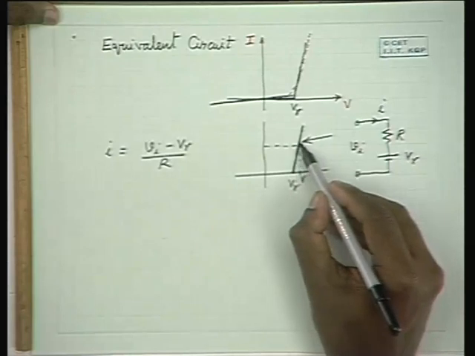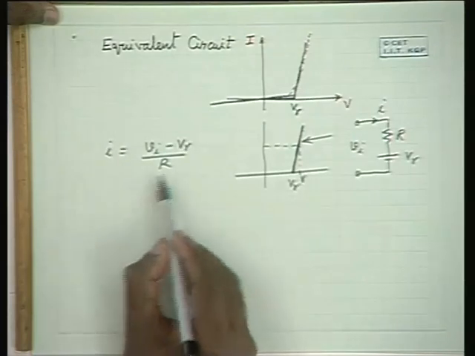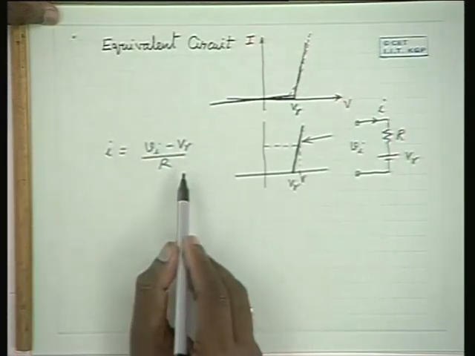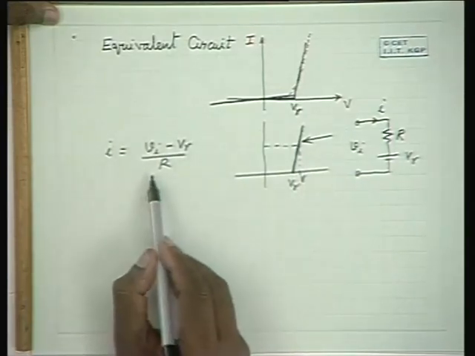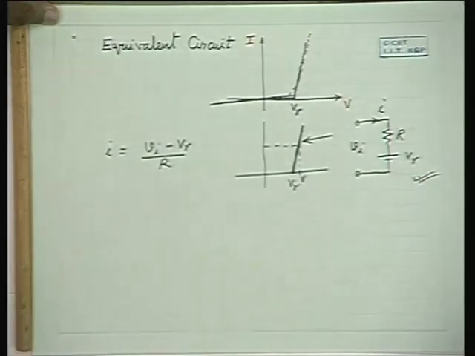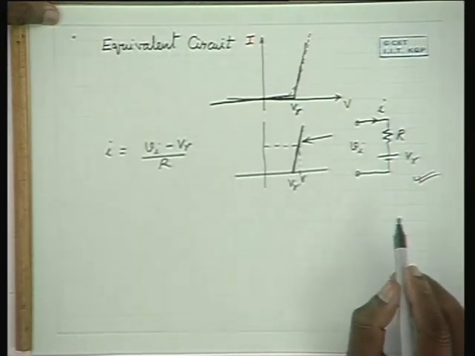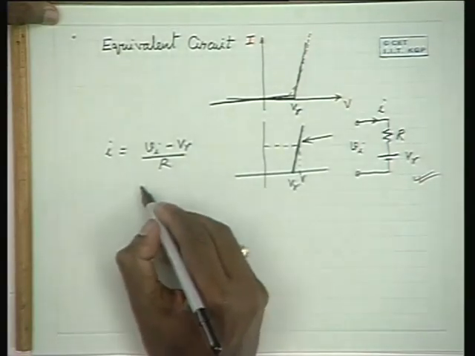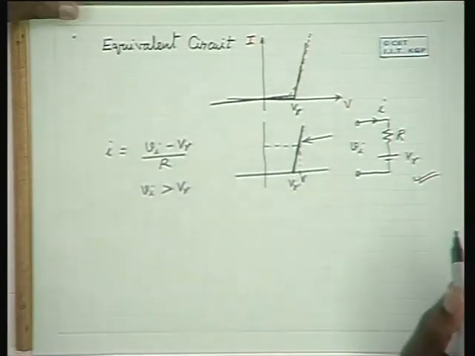Hence, this can be represented by this kind of expression. And what kind of circuit exhibits this kind of expression? This circuit exhibits this kind of expression. Of course, this is valid when Vi is more than V gamma.